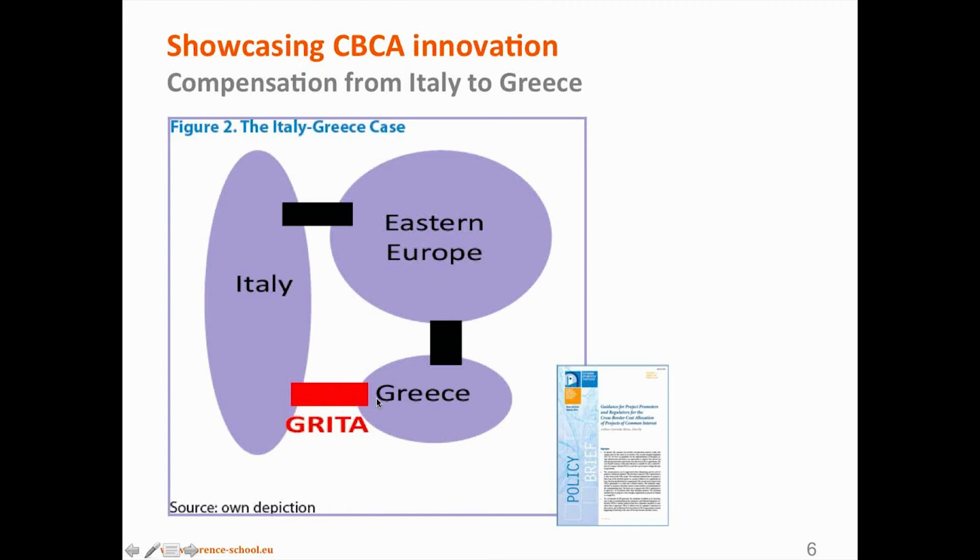Of course, besides that, there were also EU subsidies involved. But what is interesting is that both countries felt voluntarily they had an interest in deviating from the current practice, which would have been, in this case, a 50-50 split of the costs. And it was a success because the project exists and the countries were able to move forward.